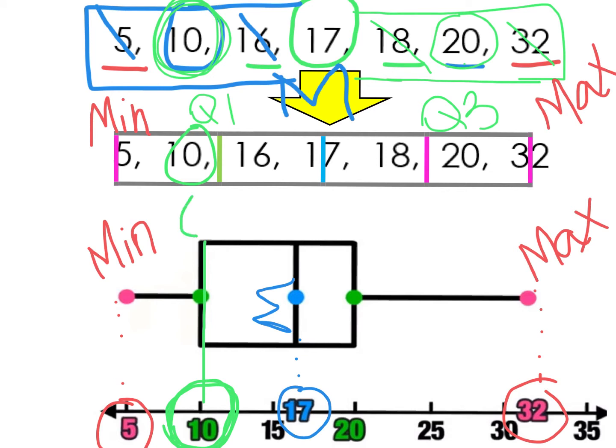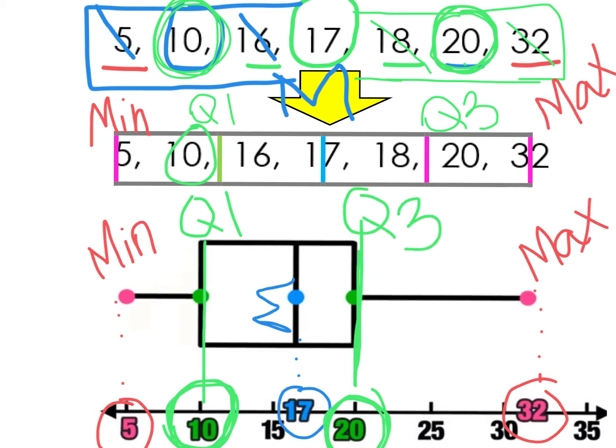So I'm going to put quartile 1 here, or Q1 for quartile 1. And then the last part of our box, or the ending part of our box, is made of quartile 3, which is our upper quartile. Remember we said 20 was quartile 3? So if you notice here, it lines up with 20 on our number line, and I'm going to label that quartile 3.